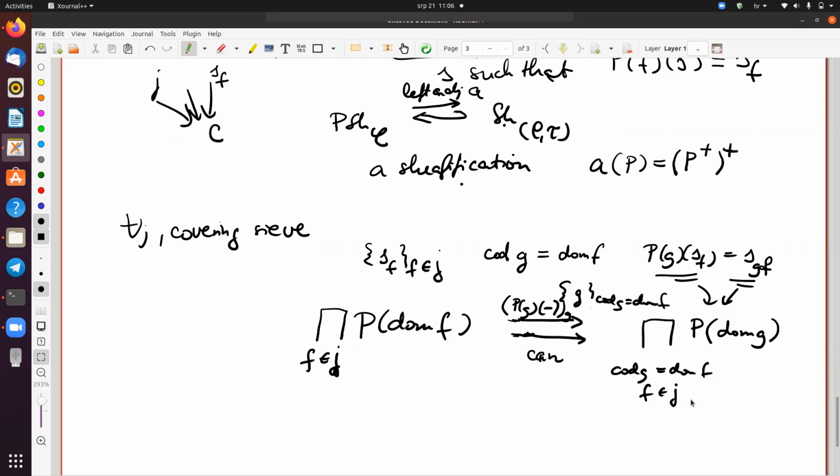You don't care which is F. You don't care where it's coming from. You just take as if it would be here. F is this domain. G is the same as domain of G composed F. No, something is wrong. Domain of F composed with G.